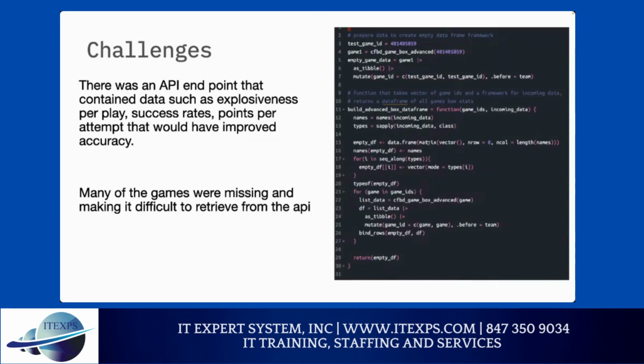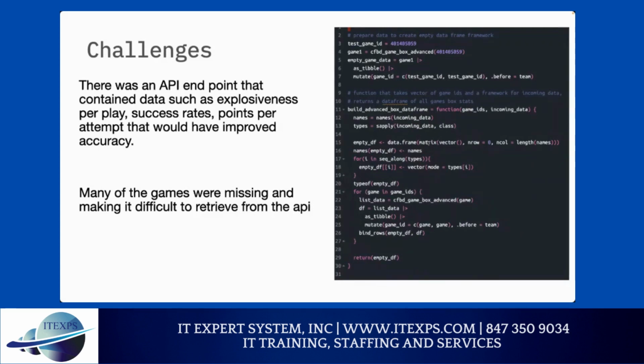Things like explosiveness per play, success rates, and points per attempt. I thought I was going to be able to look at all this stuff and really get something a lot better. But some of the games were missing, and I didn't know which games were missing.